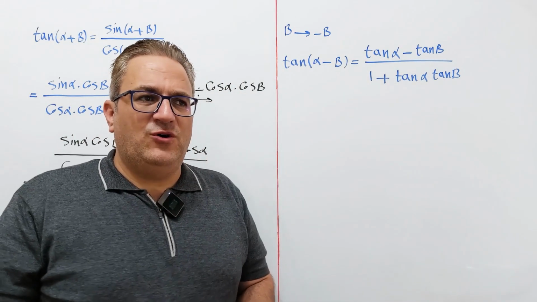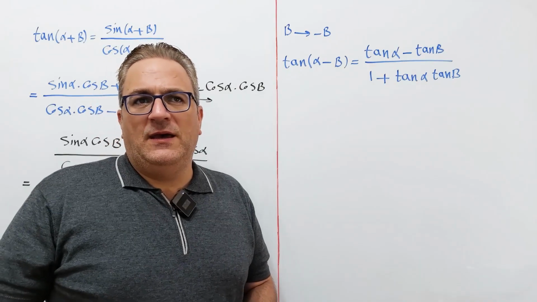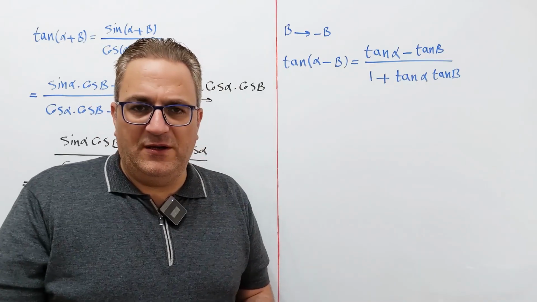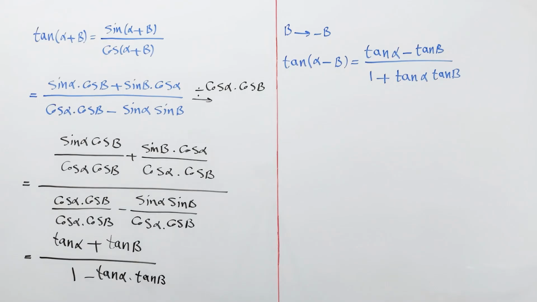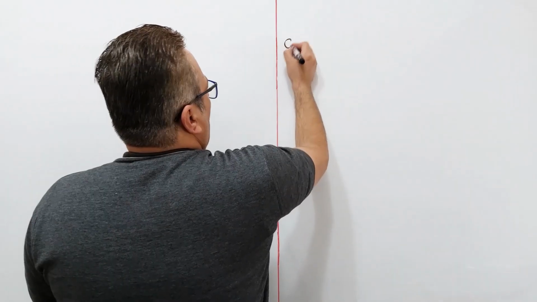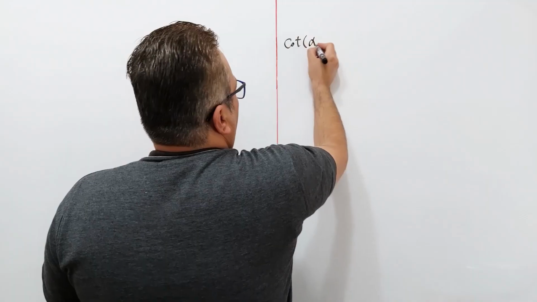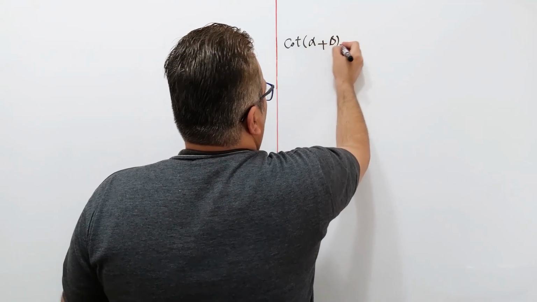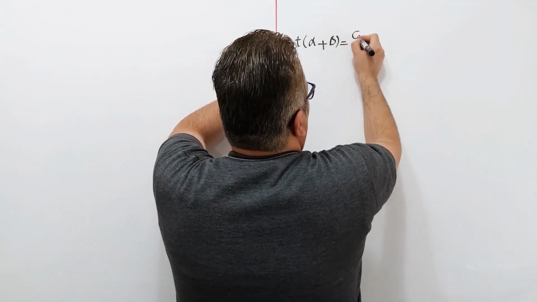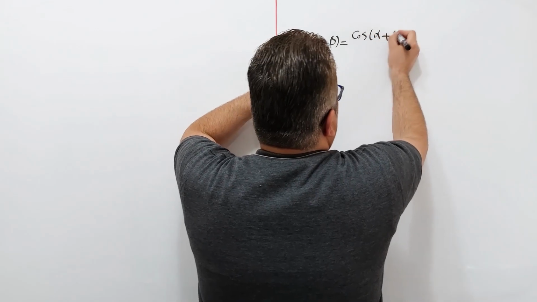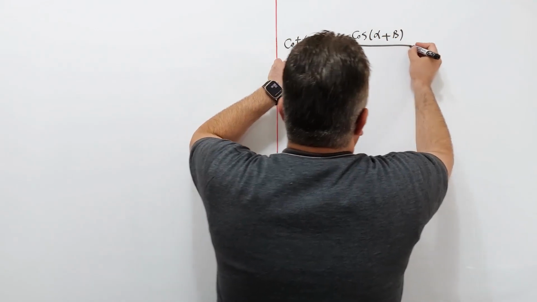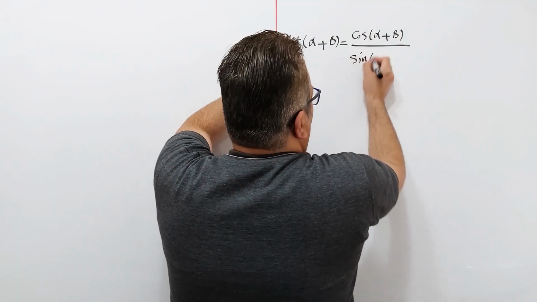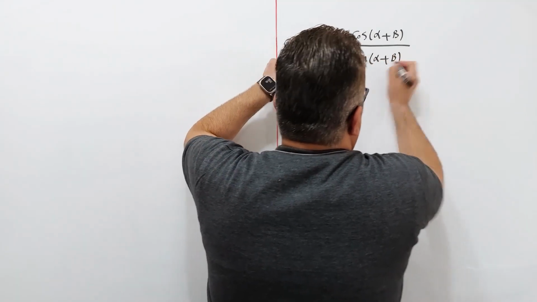Okay, so let's go to the cotangent formula. Cotangent of alpha plus beta is equal to cosine of alpha plus beta divided by sine of alpha plus beta.